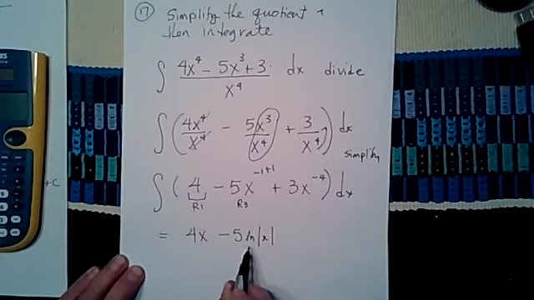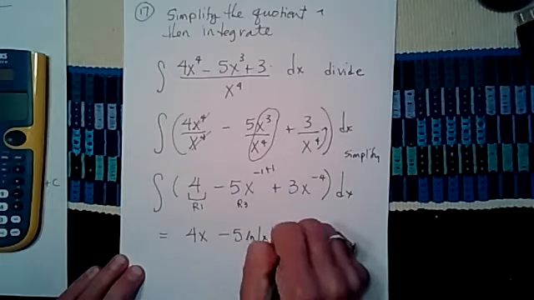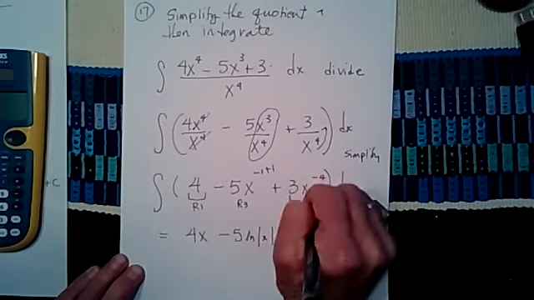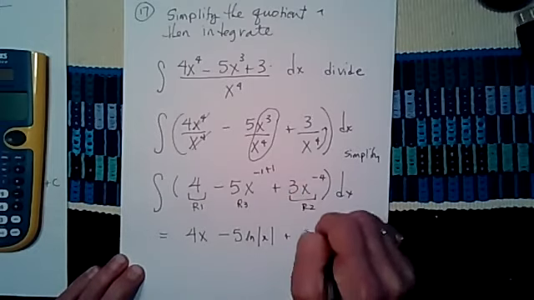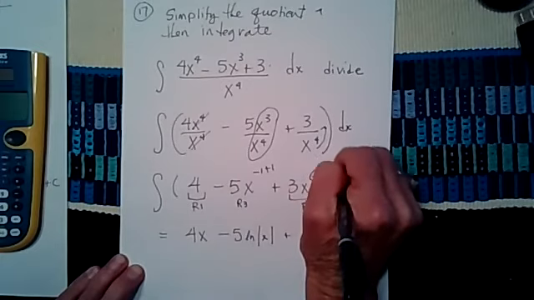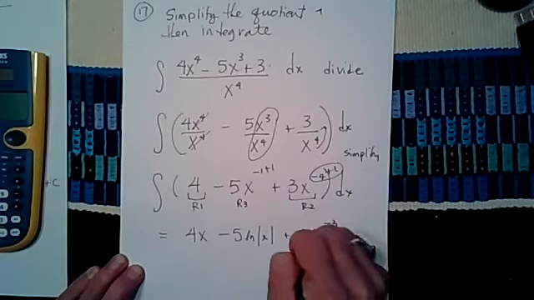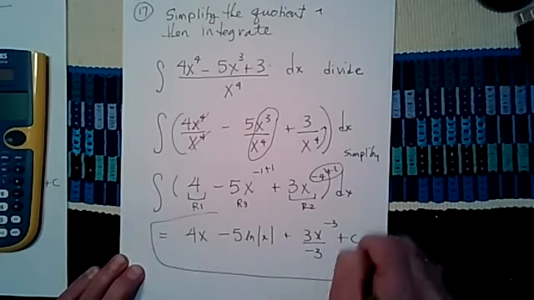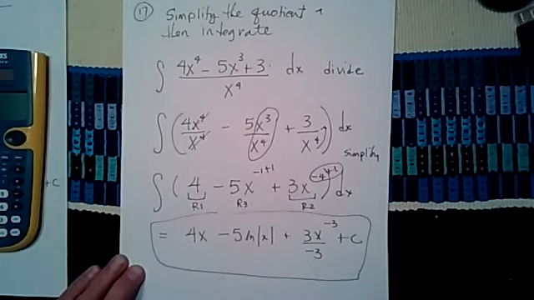Remember, you need your keypad for the ln and your keypad for the absolute value, plus 3x. And this exponent is not -1, so it's just rule 2. Add 1 to -4, and you get -3 divided by -3 plus c. And I would just leave that alone. Okay, all right, so that's it.